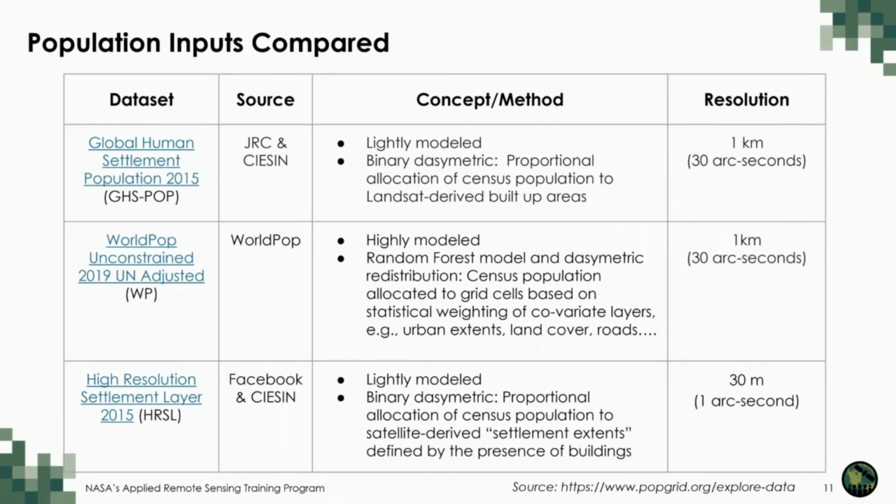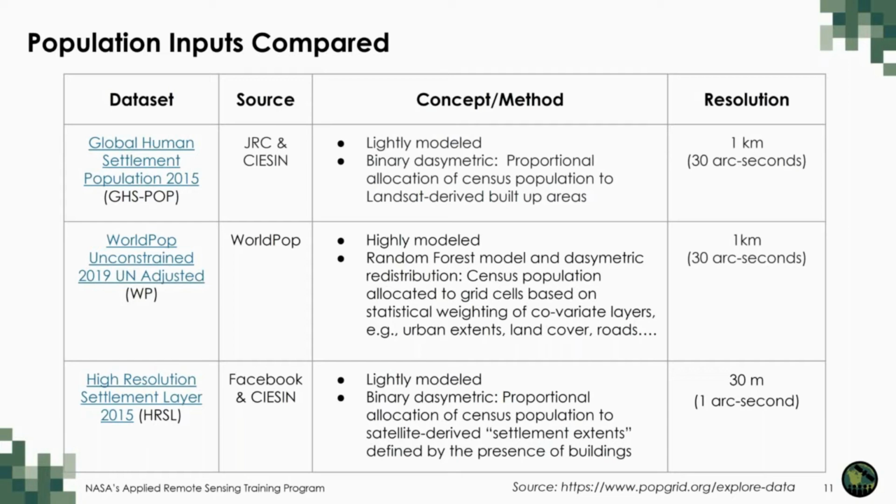The 3 datasets differ in their inputs, the degree of modeling to produce them, as well as in their cell size or resolution. GHS POP is a lightly modeled product that allocates census population to Landsat-derived built-up areas. It is available at 250 meter and 1 kilometer resolutions. We used the 1 kilometer version.